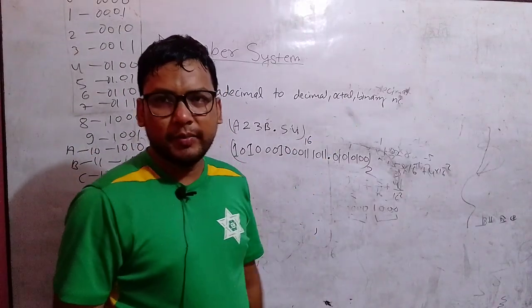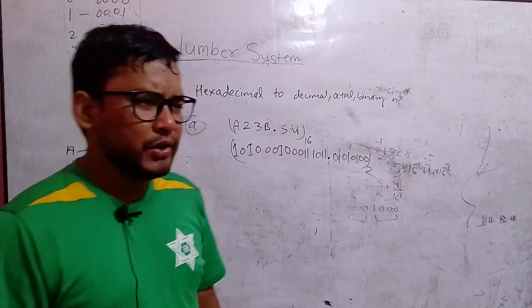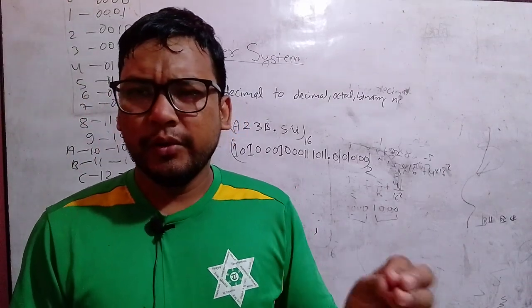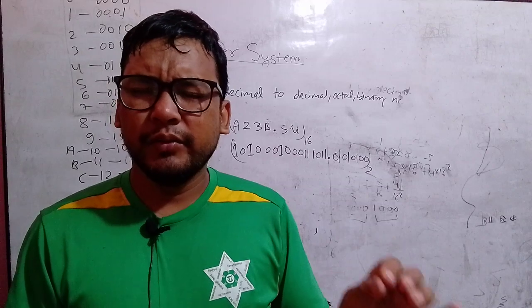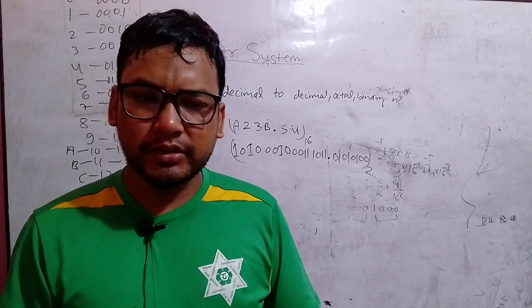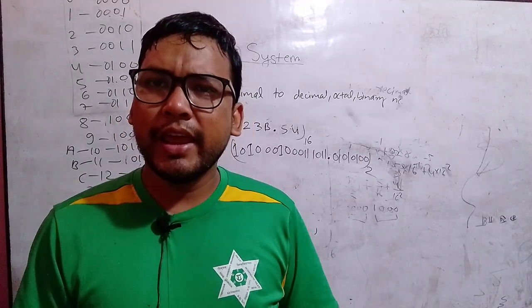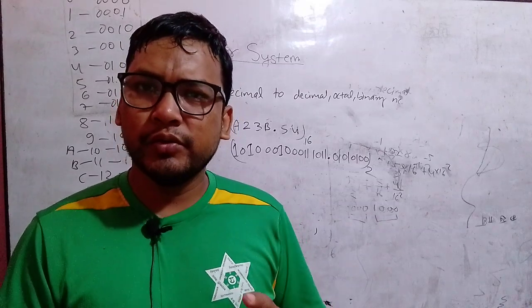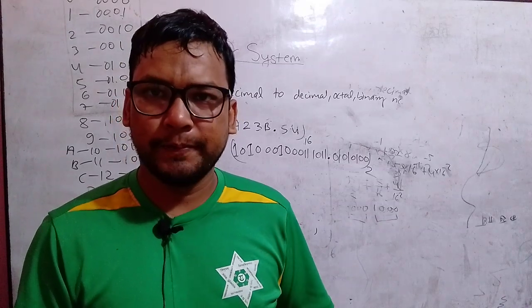How to get the octal equivalent of this hexadecimal number? To get the octal equivalent from the hexadecimal number, we first need to convert the hexadecimal number into binary, and we use this binary equivalent to get the octal equivalent.